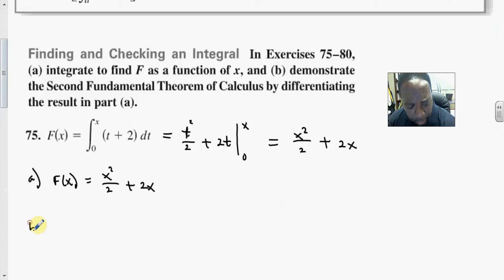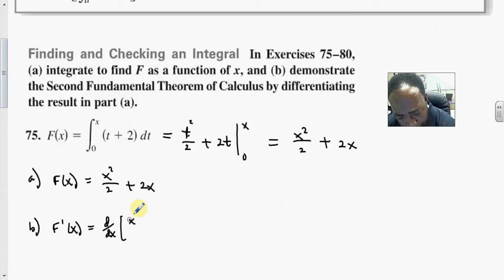And then it says for part B, demonstrate the second fundamental theorem of calculus by differentiating the result here. So we find F prime of x. And so we get the derivative of x squared over 2 plus 2x.